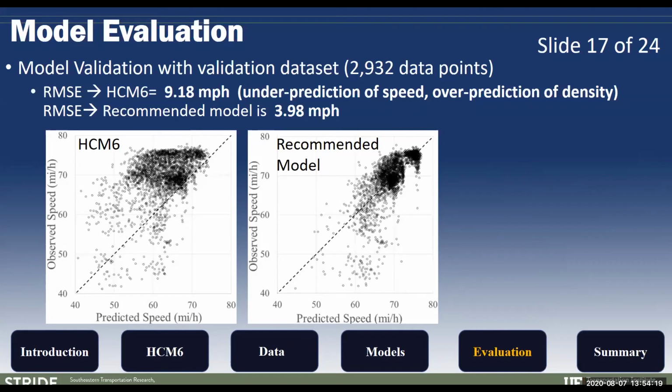In fact, the error in validation was about 9 miles per hour with the HCM, and very close to 4 miles per hour in our recommended model. So we feel also that based on the new data, our model should be predicting slightly higher capacity and slightly higher speeds.